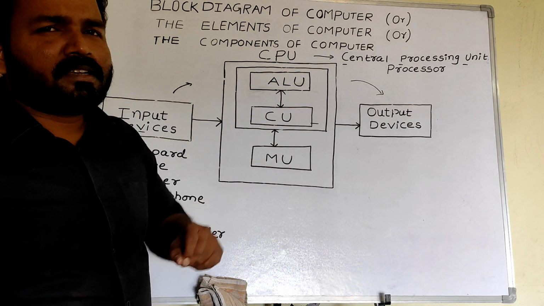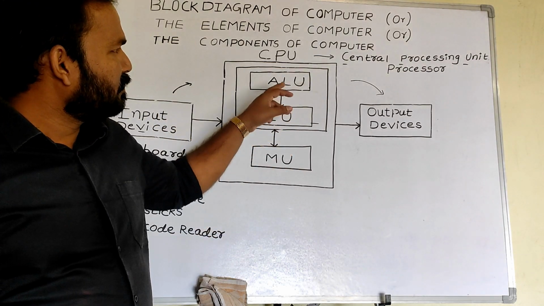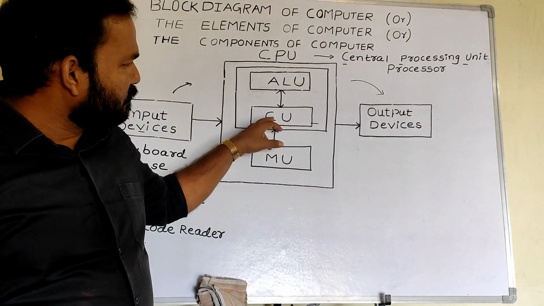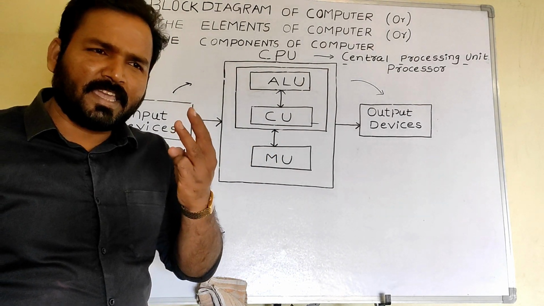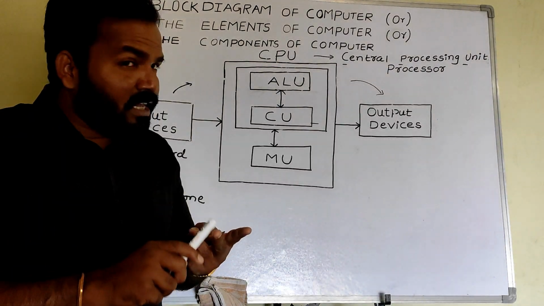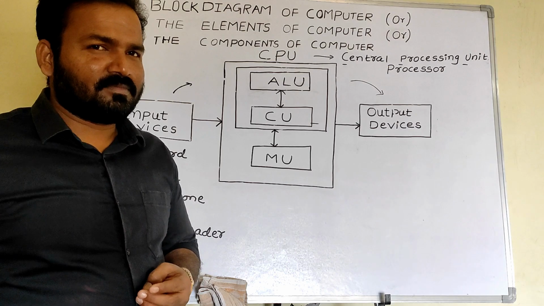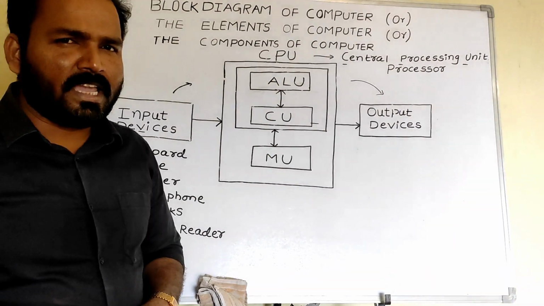Next, CPU has three components: ALU, CU, and MU. First, we'll see about ALU.